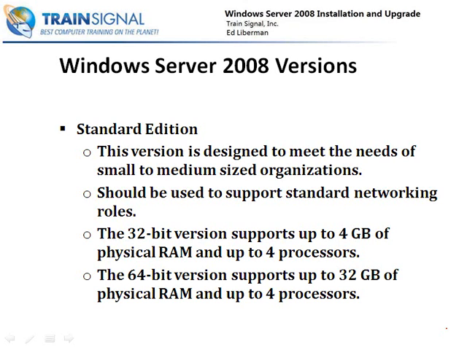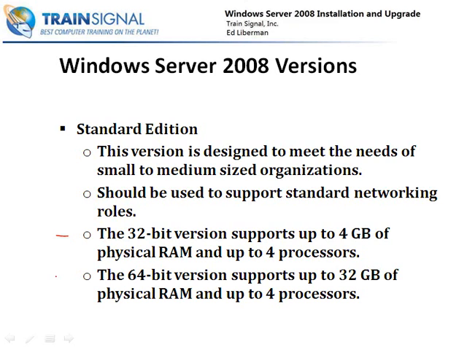Now the other thing I want to point out here is that with each one of these editions, there is both a 32-bit and a 64-bit version available, and each one has different memory and processor support. So you'll see here that the 32-bit version of Standard Edition can support up to 4 gigabytes of physical RAM, of physical memory, and up to 4 processors using symmetric multiprocessing.